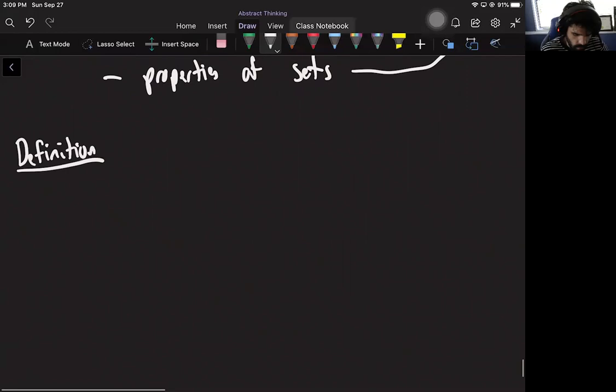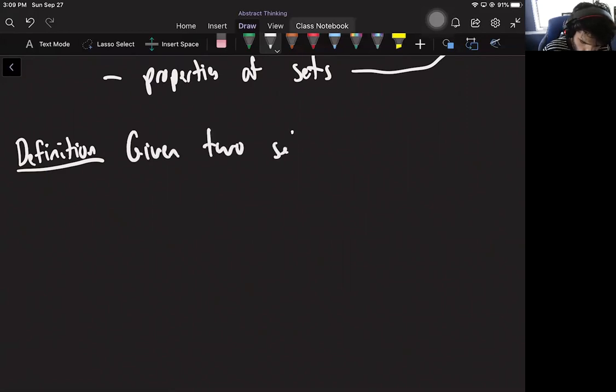So this is the first big definition. Given two sets, A and B, I want to think of them sort of as like numbers that I can glue together. So what can I do with two sets? Well, I can think about what they have in common, and I can think of that as a way of putting them together.